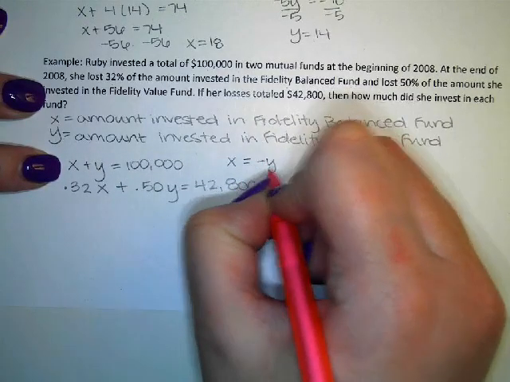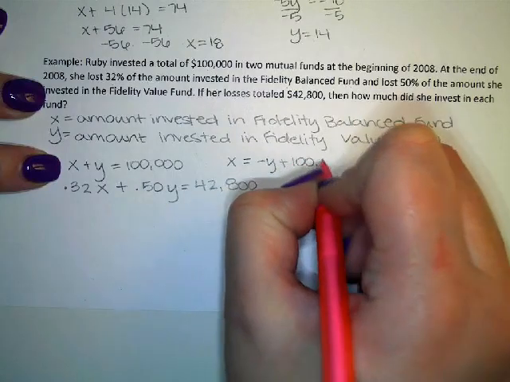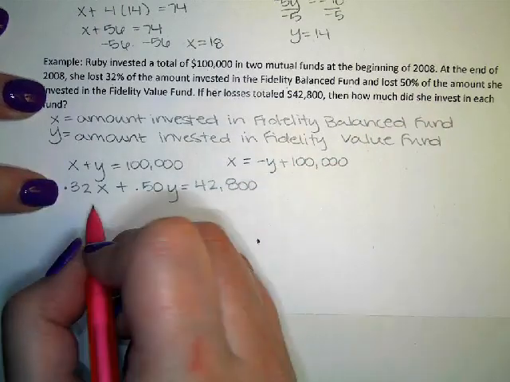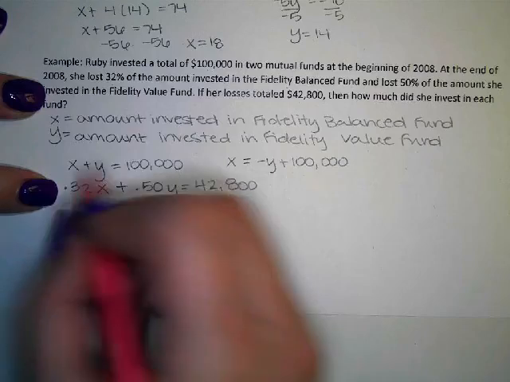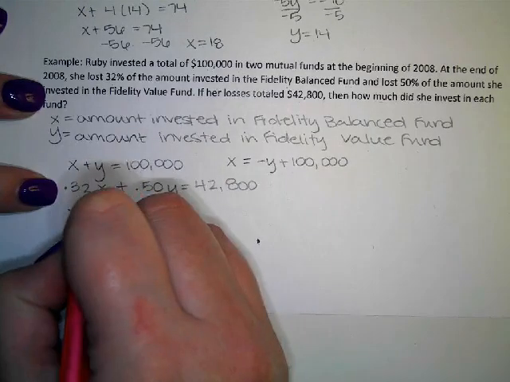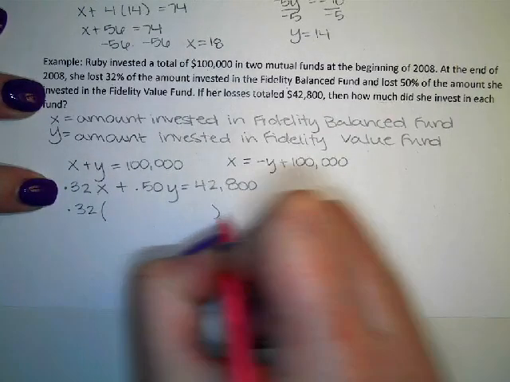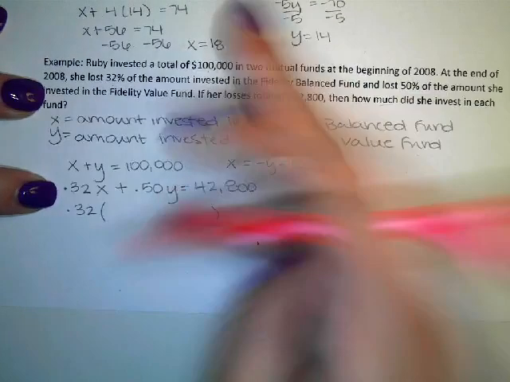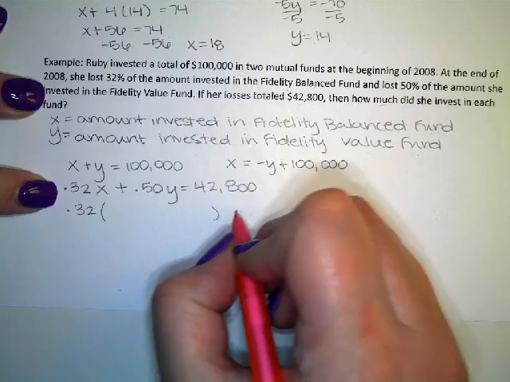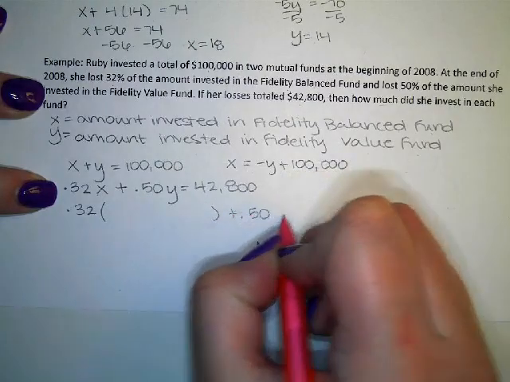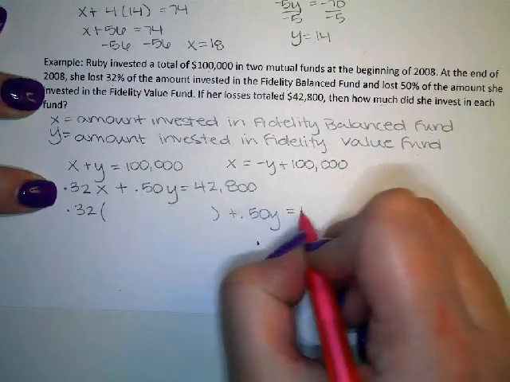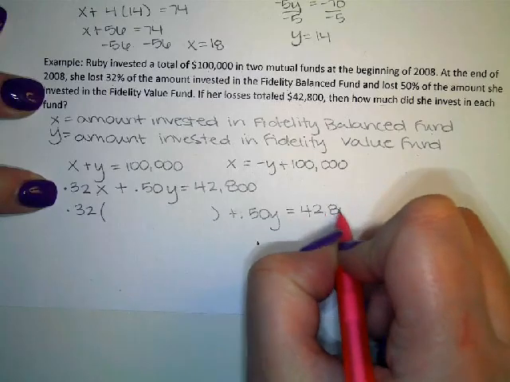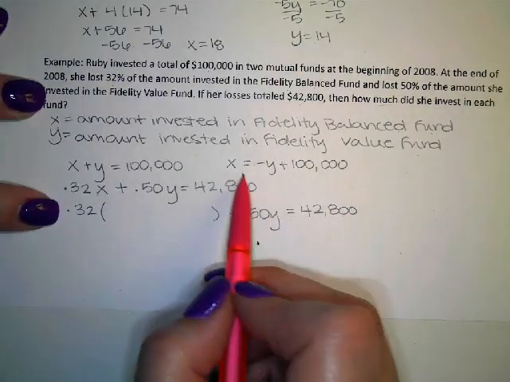So 0.32 times x plus 0.50 times y equals 42,800. Okay, and here for the x we had negative y plus 100,000 is what we had for x.